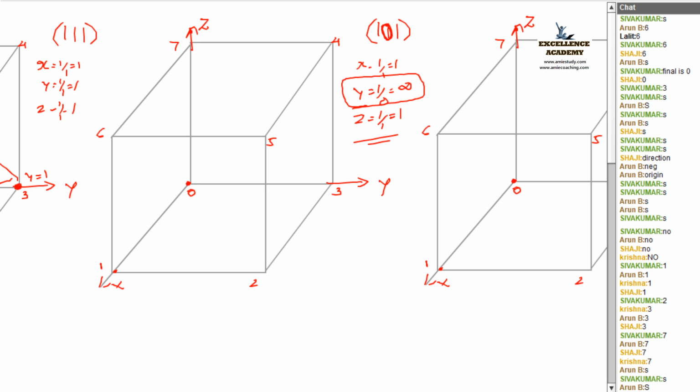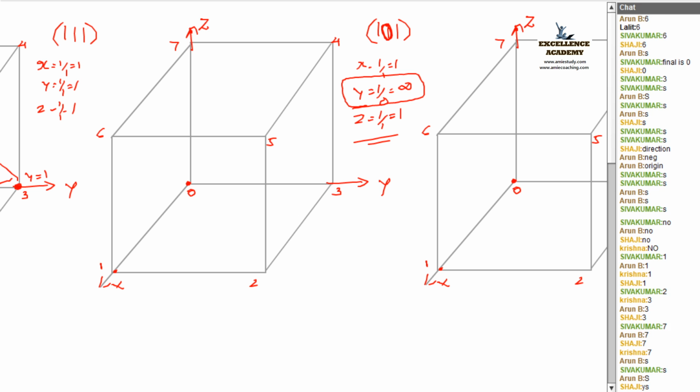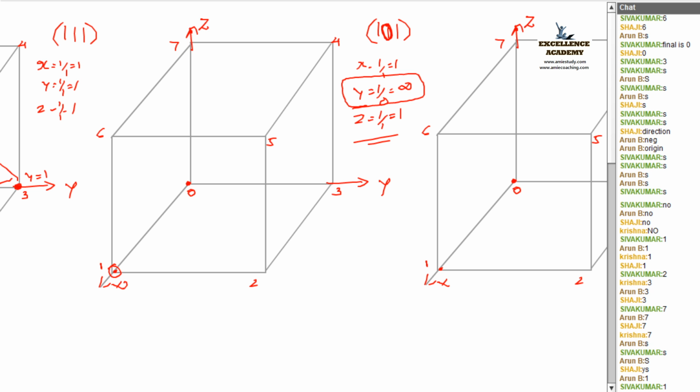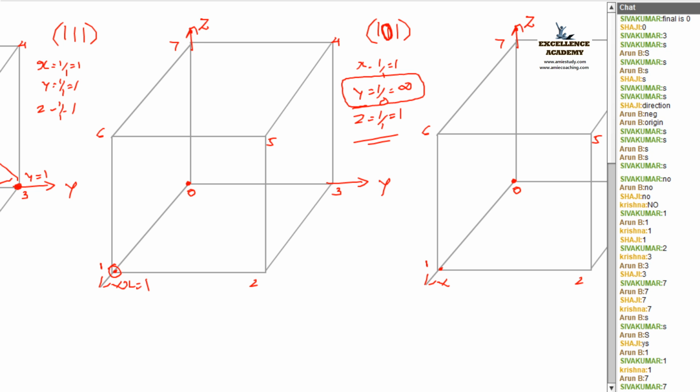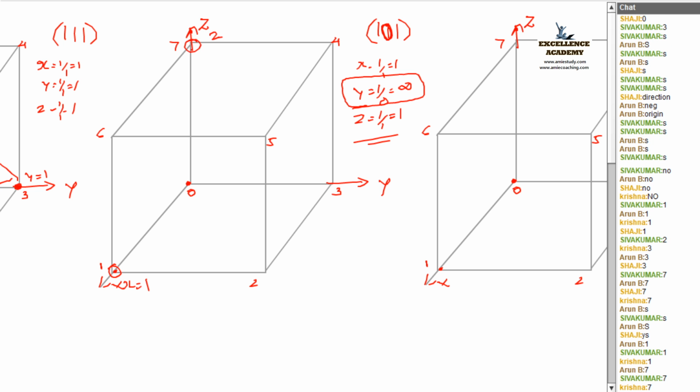What is the value of x? x is equal to 1 means this is the point where x is equal to 1. z is equal to 1 means where is that point? Yeah, 7. z is equal to 1. So I marked the 2 points. Listen carefully. Then what to do? y is infinity.